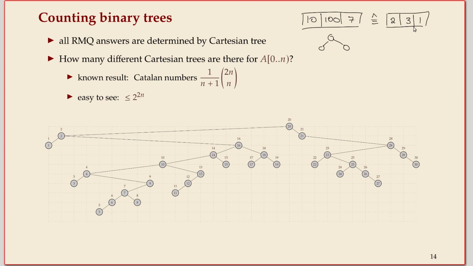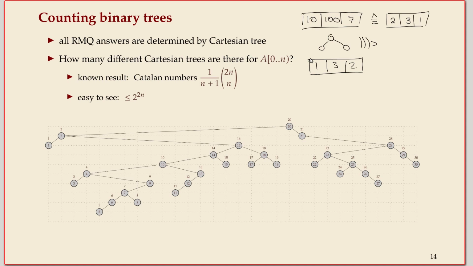But note that this is not all arrays that generate this type of Cartesian tree. I could also have used this ordering of the numbers 1, 2, 3. This is also the same, because it also gets this same tree. The maximum is here, and then the maxima in the left and the right subtree are these ones.